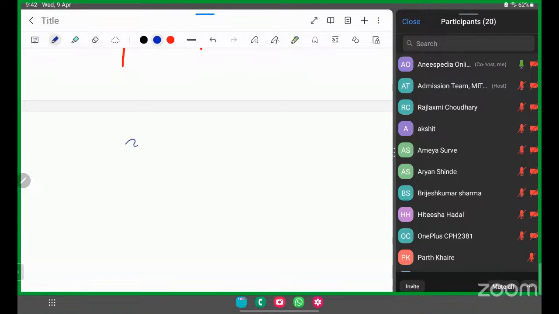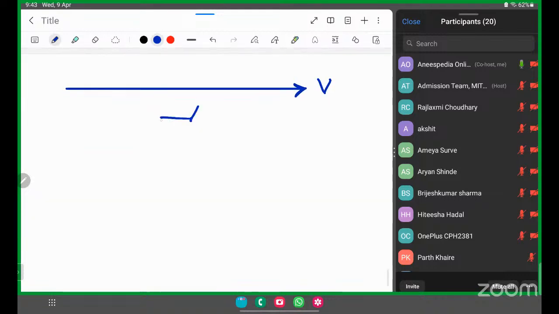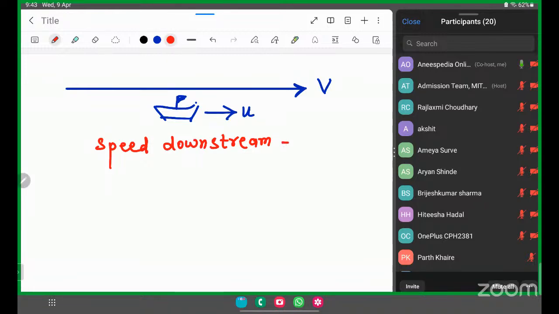So in this case, let's say river is flowing in this direction with speed v, and we have a boat which is going in this direction with speed u. So what will be the downstream speed? In case of downstream, velocity of boat and velocity of water will be in the same direction. So we will add them. So downstream speed will be u plus v.